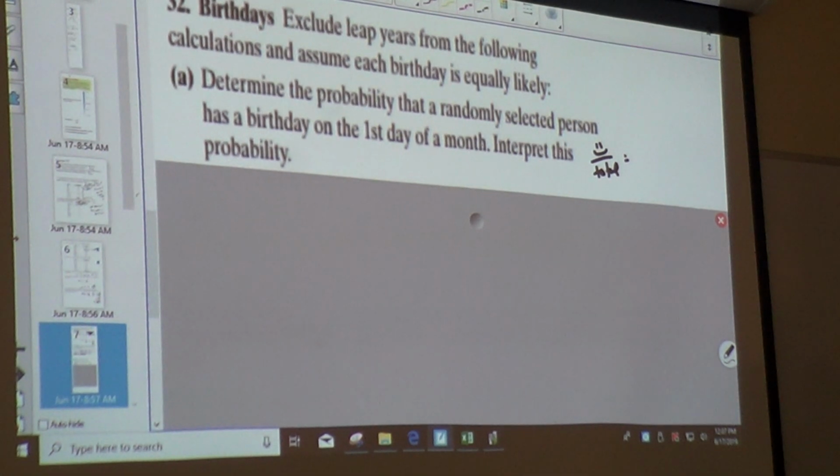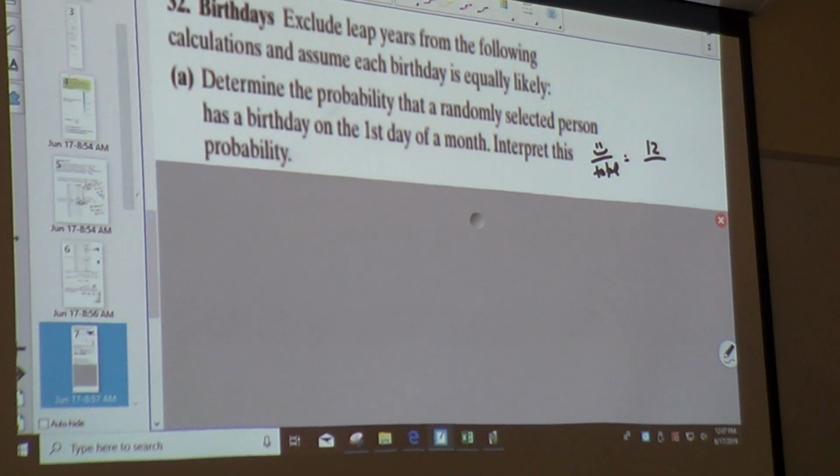I am happy if their birthday is the first day of a month. Give me an example of something that makes me happy. December 1st, May 1st, January 1st, October 1st. So how many birthdays make me happy? 12.